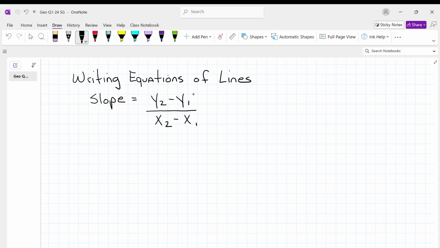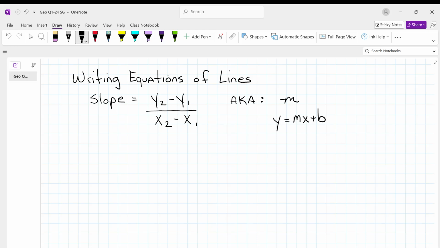And for today and moving forward, the slope of a line is also known as the m in the equation y equals mx plus b, which is slope-intercept form for a line.